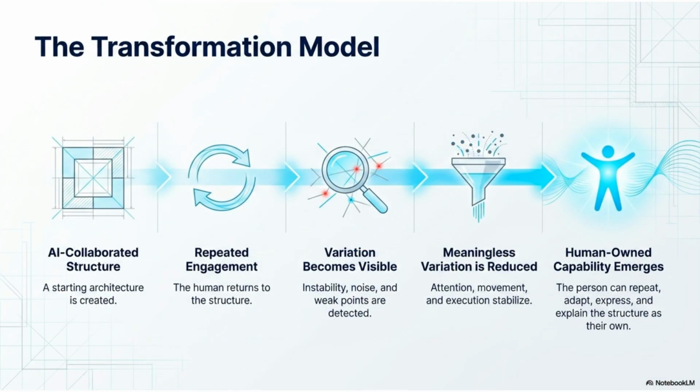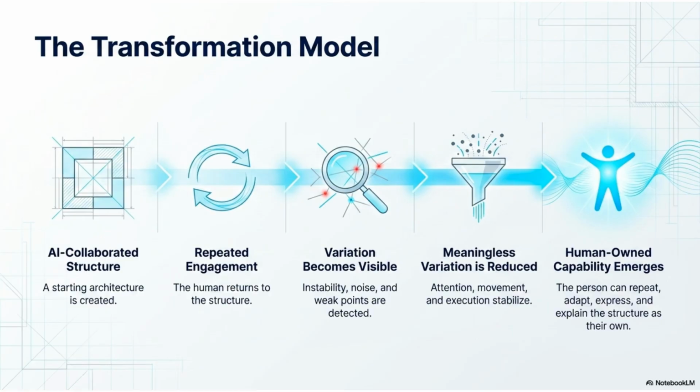The transformation model has 5 steps. First, an AI-collaborated structure is created. Second, the human repeatedly returns to that structure. Third, variation becomes visible. The person begins to notice instability, noise, and weak points. Fourth, meaningless variation is reduced.